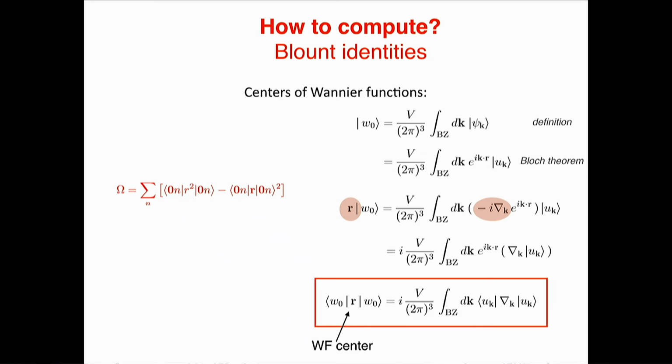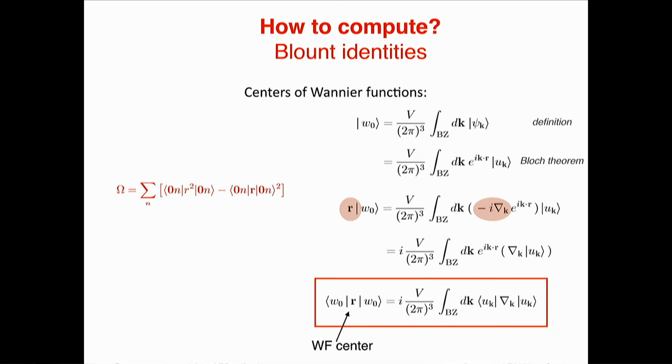Is it clear? So the gradient of this is just iK times e to the iK·R. Now, I do an integration by parts. So you have an integral of a gradient times a function. I change the sign, I bring i outside, and so I remain with e to the iK·R times the gradient of u_K.